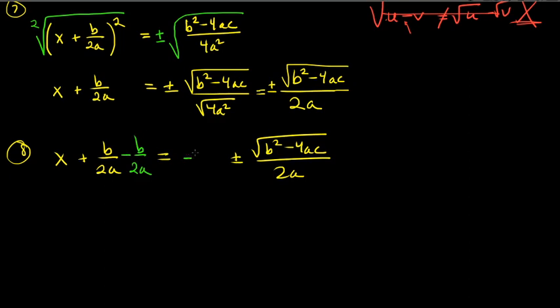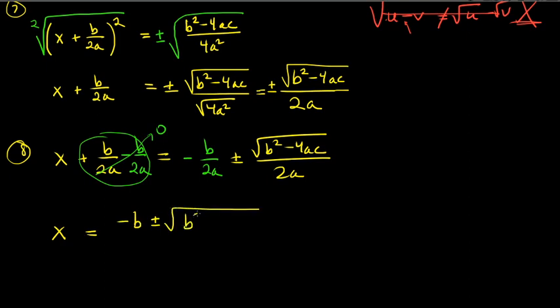So I'm going to put the negative b over 2a in front. And this just cancels out. This adds up to 0, right? So we're done. X equals, well, notice we have a common denominator of 2a. So we can combine those as a single fraction now, where the numerator is just negative b plus or minus the square root of b squared minus 4ac all over 2a.